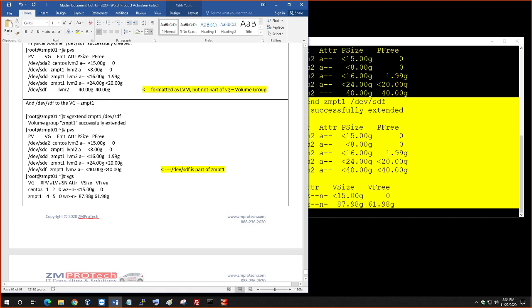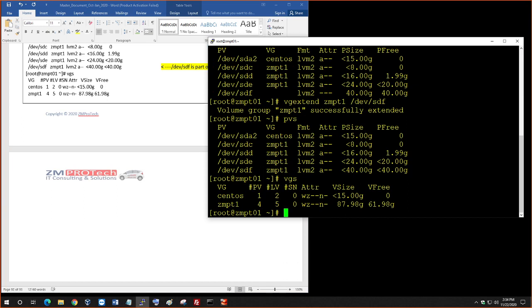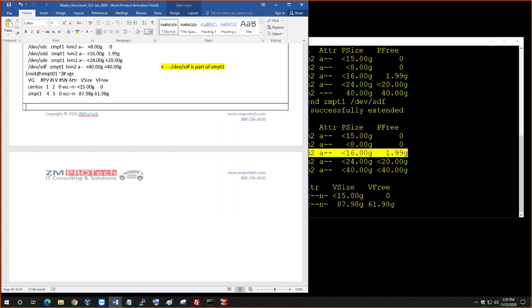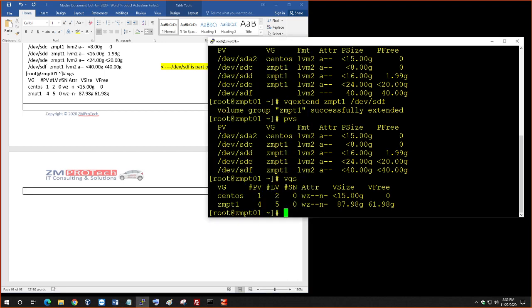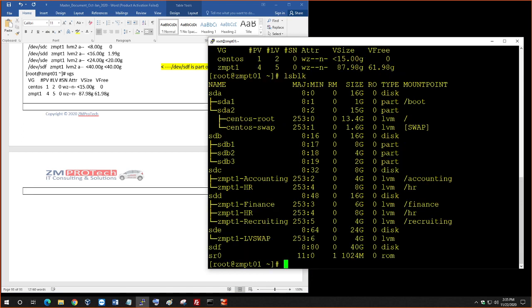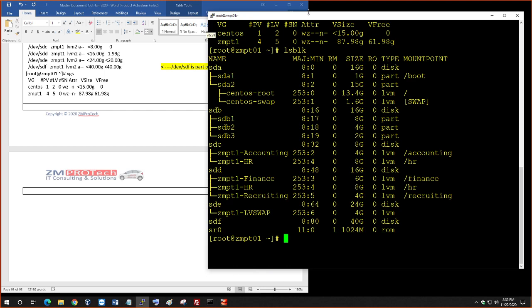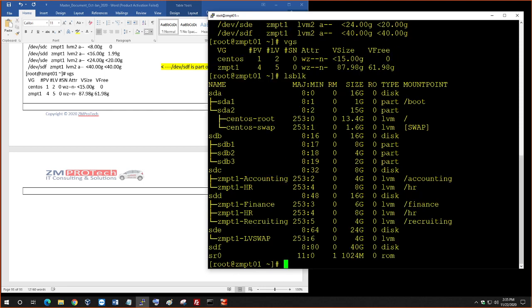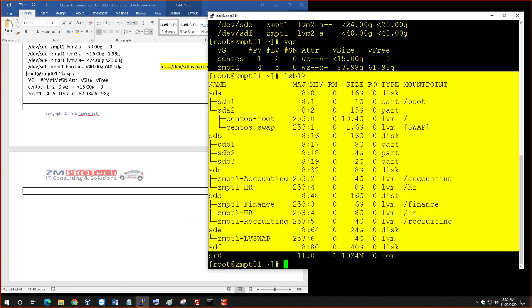So you got an alert that the SDD drive, which is about 16 GB, is no good here, right? So you added another drive. In the meantime, let's look at this here, LSBLK. LSBLK gives us the distribution of the partitions across the hard drives here, okay? So I'm going to copy this.